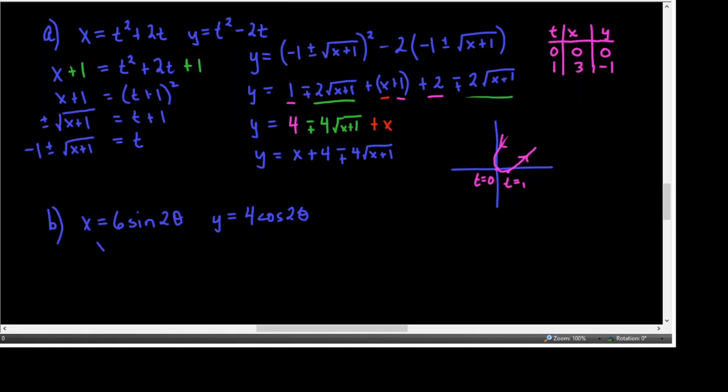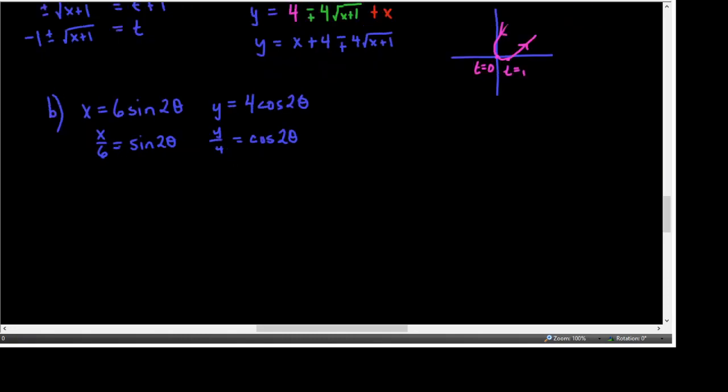So that means that x over 6 is equal to this trig function sine of 2 theta. And y over 4 is equal to cosine of 2 theta. Now, is there an identity that relates sine of 2 theta to cosine of 2 theta?